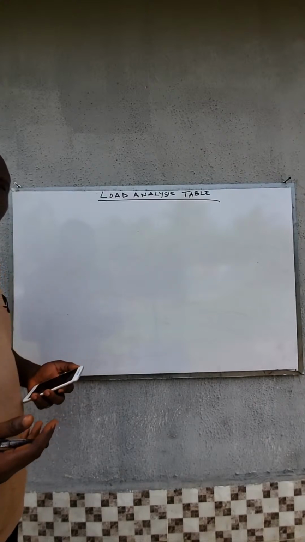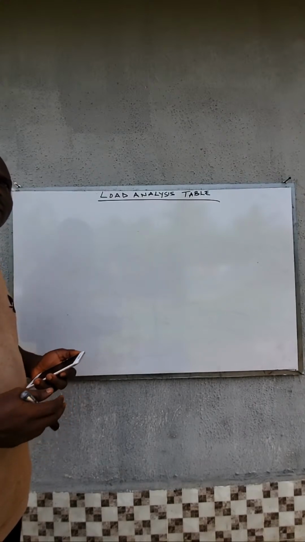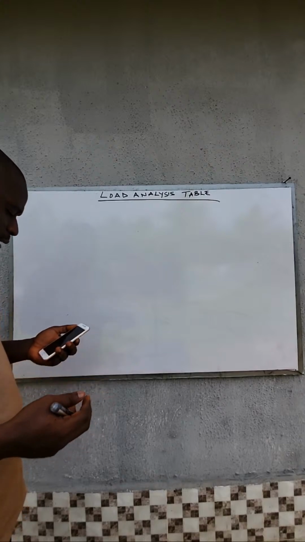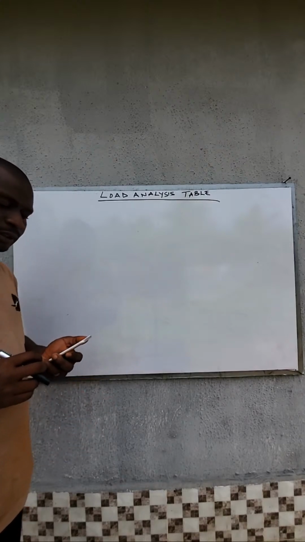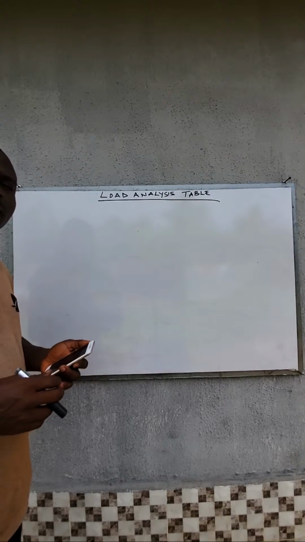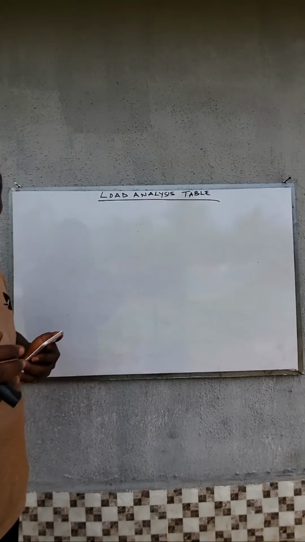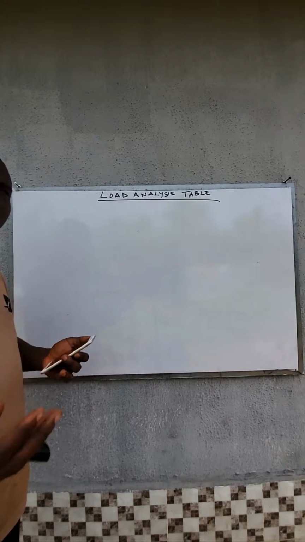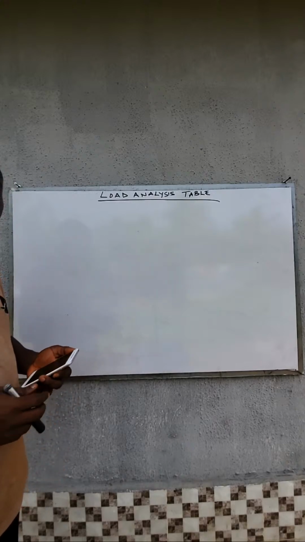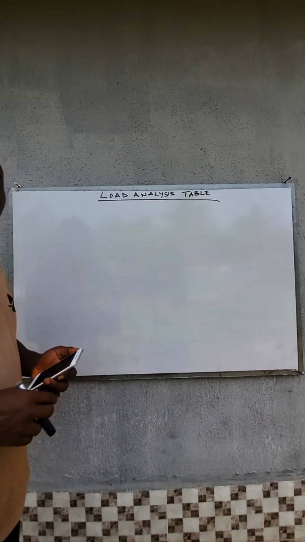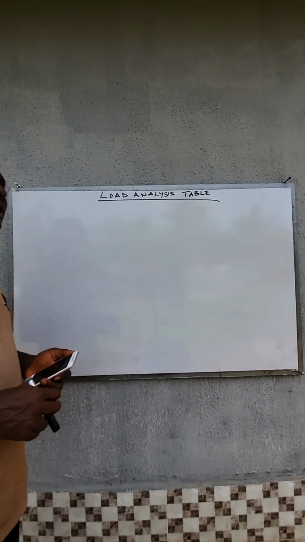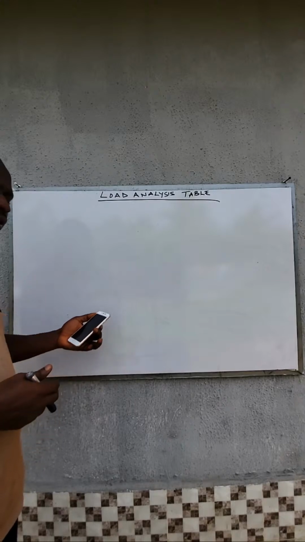Then you look at their runtime hours and their power rating, and from there you'll be able to size the inverter, the solar panels, and the battery bank. From the information in your load analysis table, you can also size the cables, the breakers, and the charge controller.